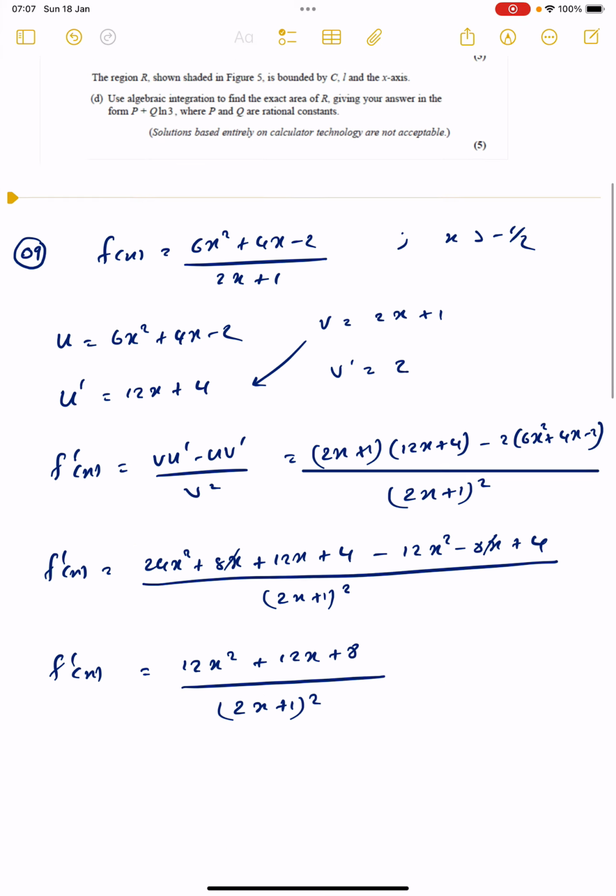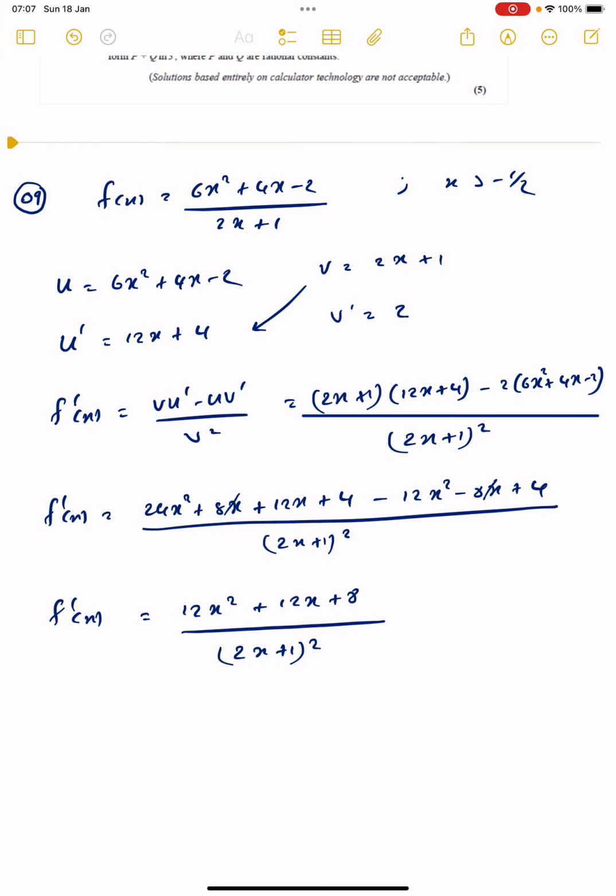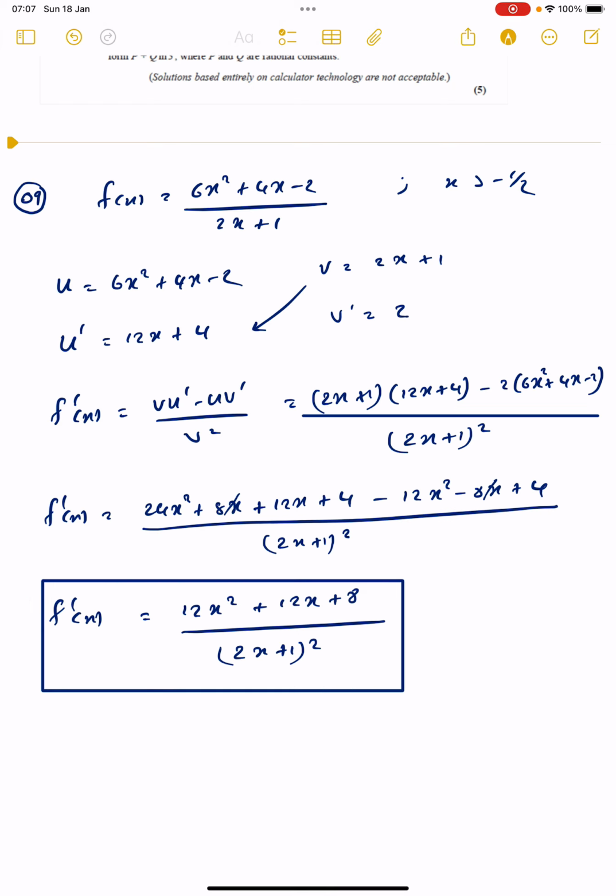So this will be the answer for f'(x). They don't specify any particular form, so we don't need to factorize this. We can leave this as the final answer.